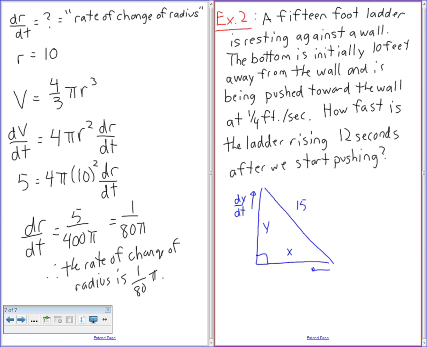Triangle. That's all I can do. We can do this. Yeah, let's start over.